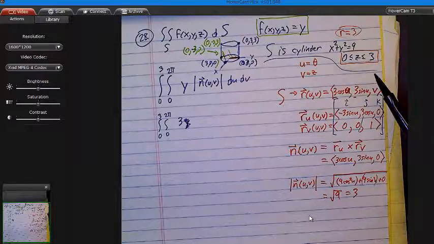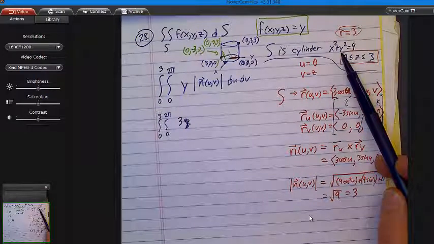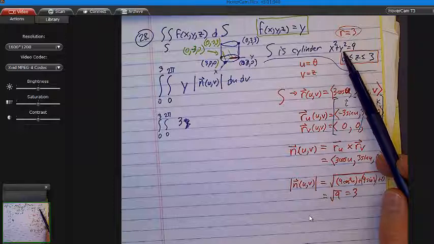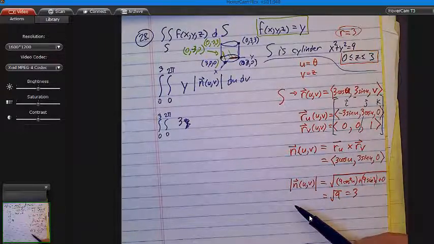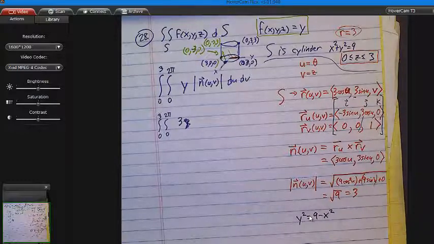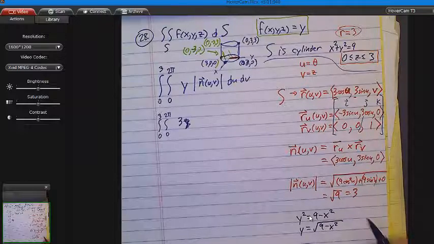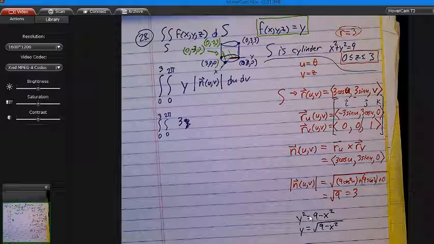If I'm on the cylinder, I'm satisfying this: y squared is 9 minus x squared. So y is the square root of 9 minus x squared. Representing y is no harder than representing x. Is it just 3 cosine u? Or 3 sine u?